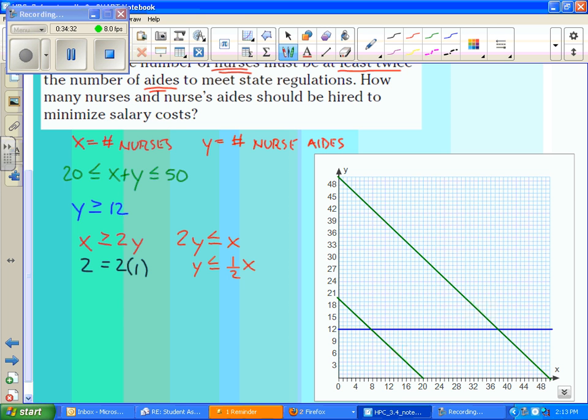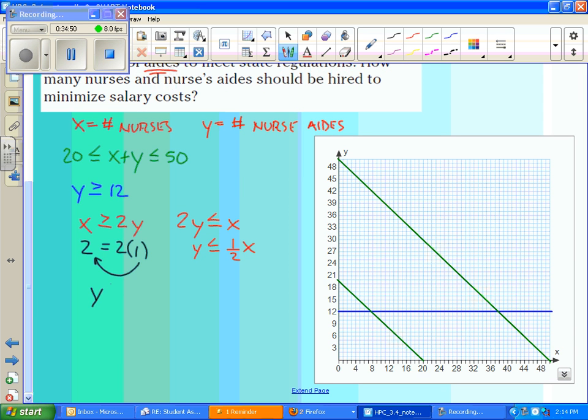2 times 2. Huh? I need 2 nurses per nurse's aide, right? So that's what I have. If I have 1 nurse's aide, I have 2 nurses. If I go the other way, here's what I think you want to do. You want to do this, don't you? Yeah. Okay, watch. If I pick one nurse, how many nurse's aides do I have? I don't want twice the number of nurse's aides, I want twice the number of nurses.